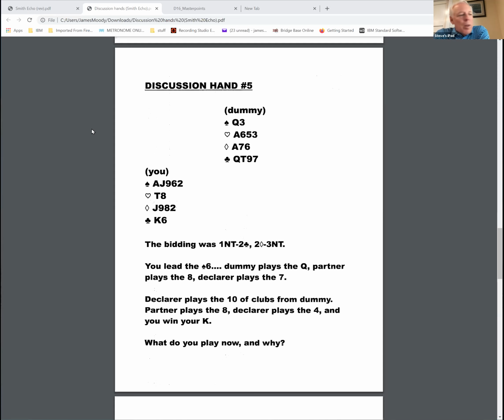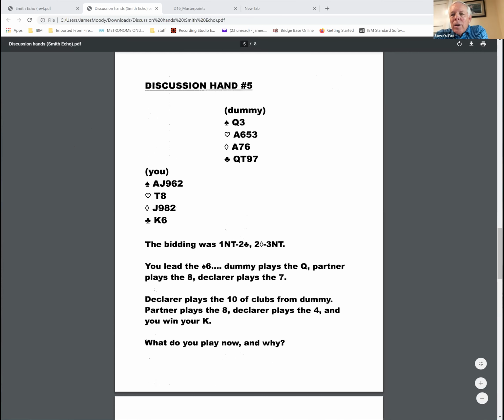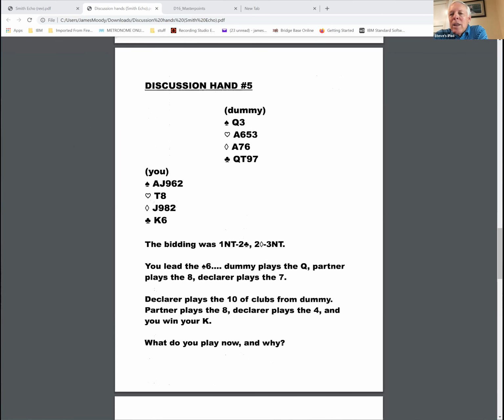And this is further supported by the bidding, because if partner only had 2 spades, then that would leave 4 for declarer, and declarer denied a 4-card major. So the message partner is sending you is she's in love with spades in the context of the hand.